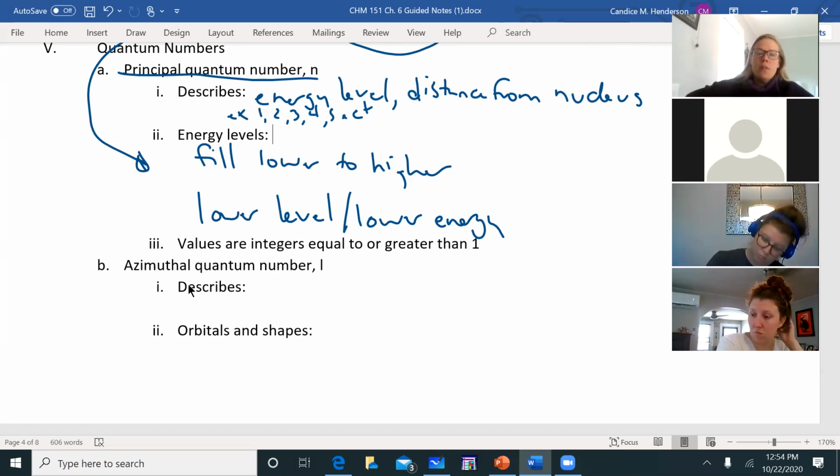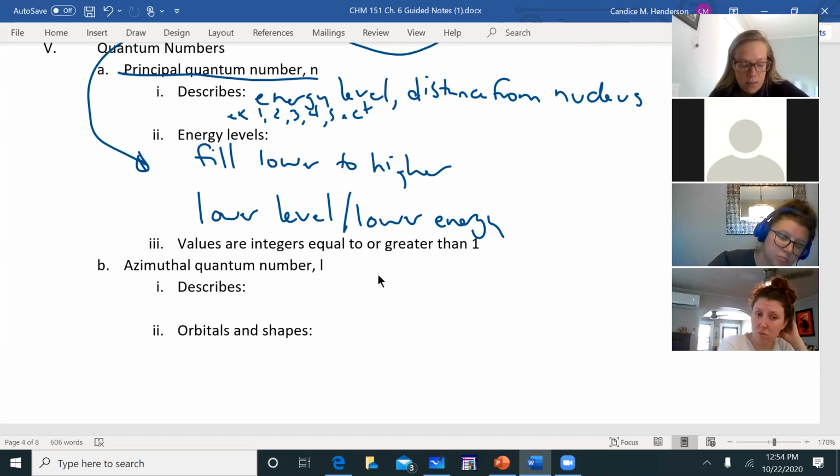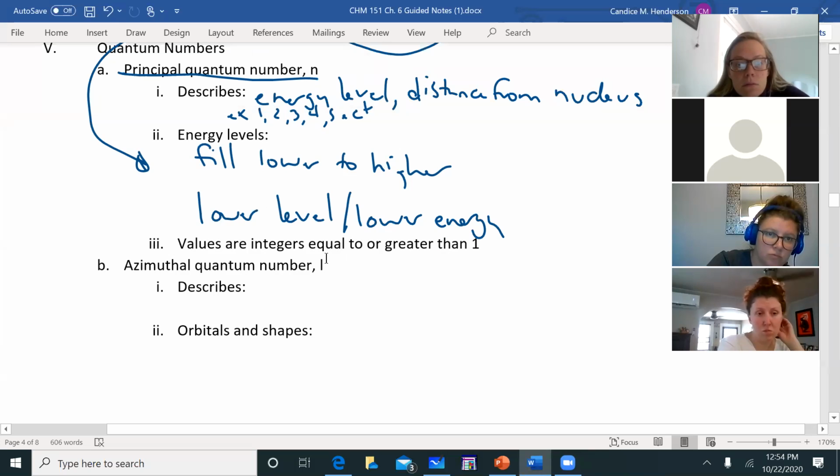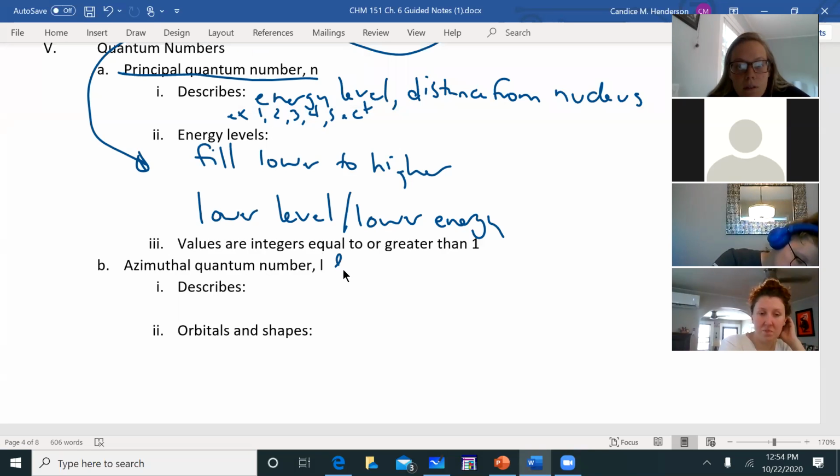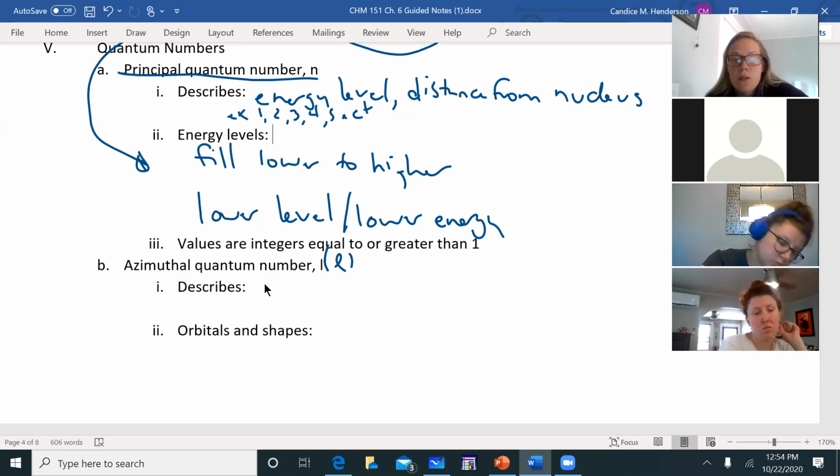Now, the azimuthal number is denoted by a lowercase l, or sometimes you'll see it as a cursive lowercase l. This is describing the shape of the orbital.